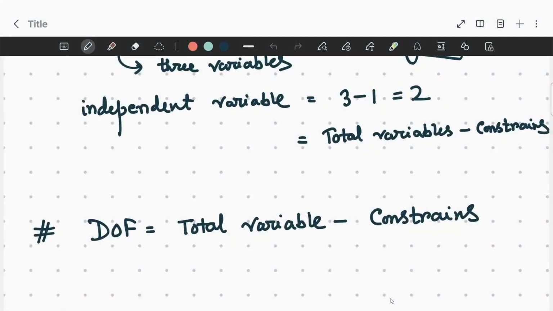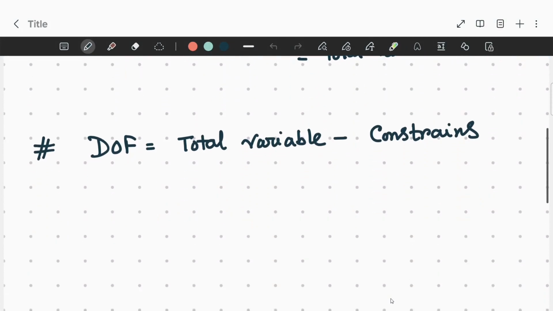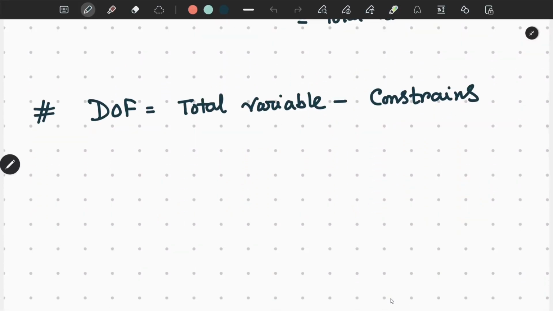You have to consider different motions. When it is translational, there is no restriction, so three directions are available. In terms of independent variables, you can choose, so 3 degrees of freedom are available here.